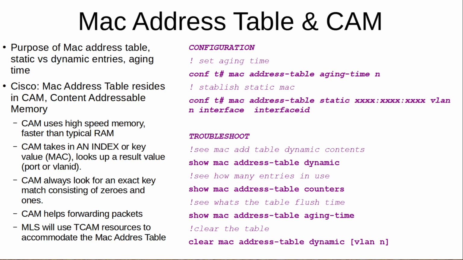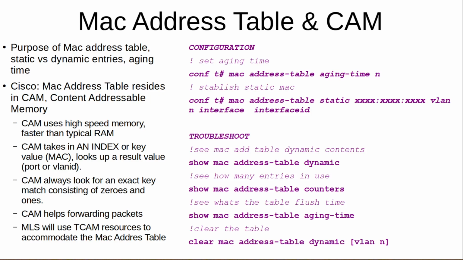I'm going to talk about the CAM before going into the TCAM, because CAM predates the TCAM as a technology. Older switches, the previous generation of switches, will allocate the MAC address table inside the CAM, or content addressable memory.